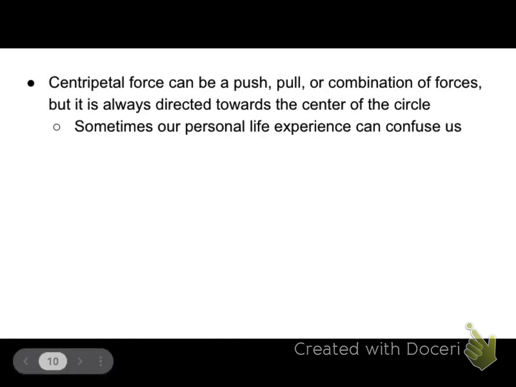Sometimes, when we're dealing with science, personal experience can confuse us. For example, a popular one is that children often believe that the phases of the moon are caused by the Earth's shadow on the moon, like the Earth is passing in front of it. That's a common misconception because they observe that the moon is a circle and the Earth is a circle, and they just assume that's why we see those patterns.